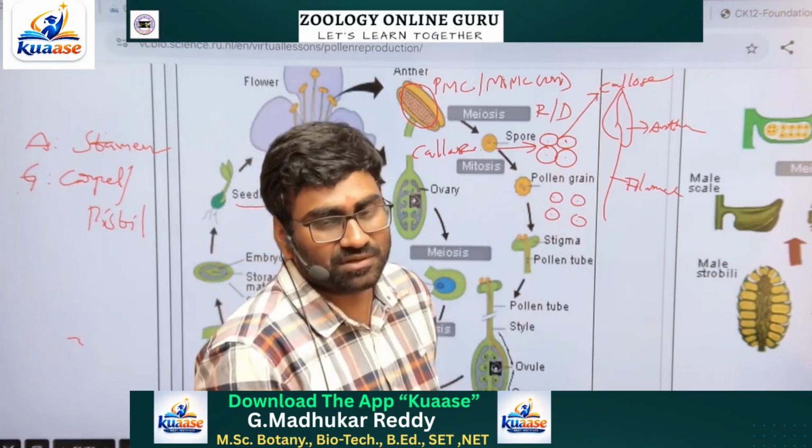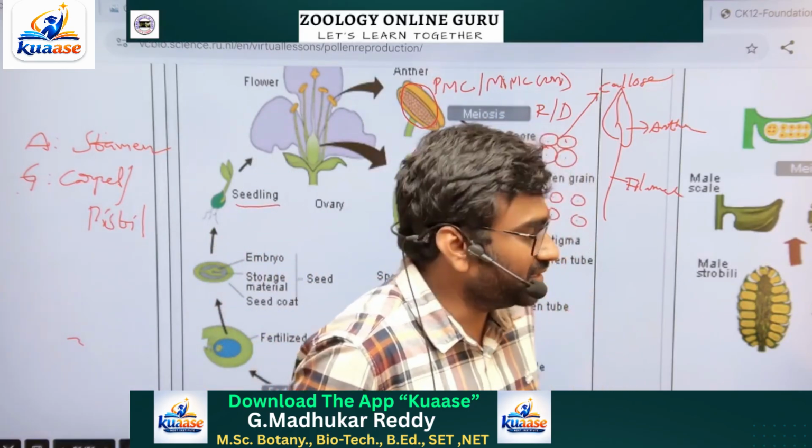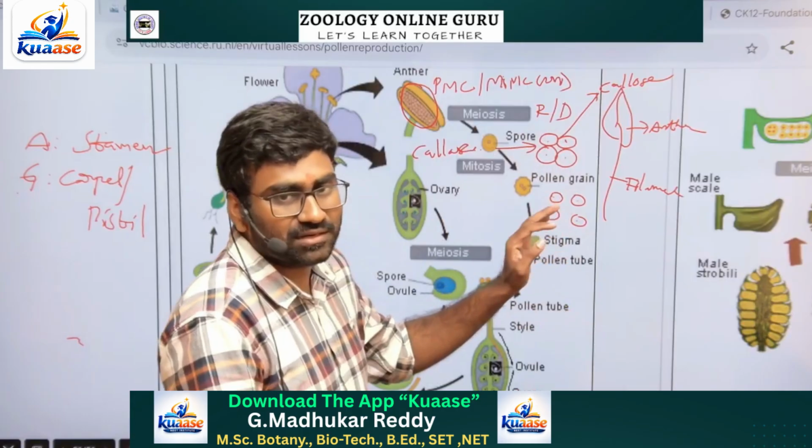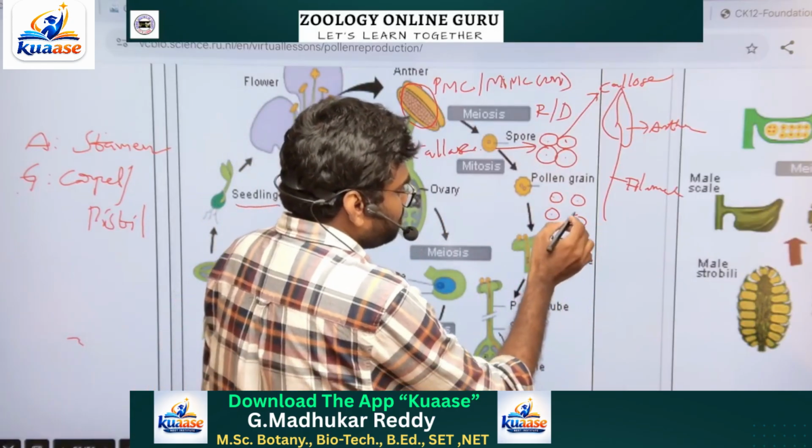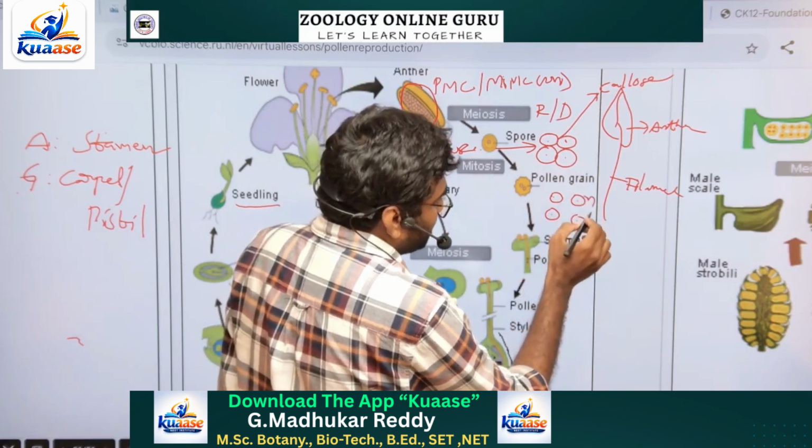These microspores are also called pollen grains, and these are the young, immature pollen grains. All are haploid in nature.